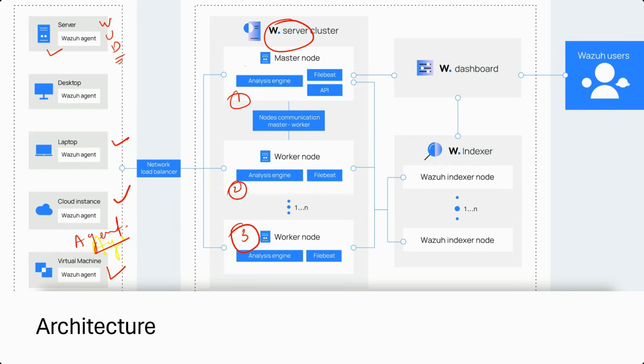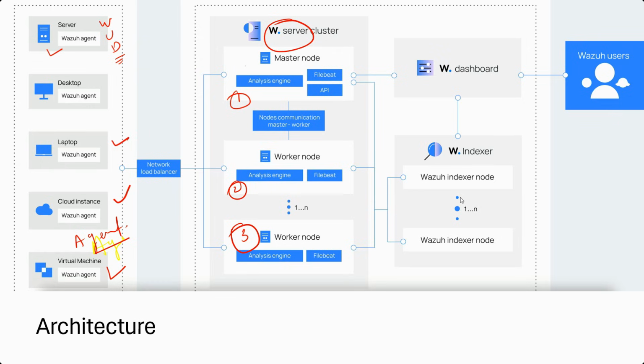Next, if you see properly, the Wazuh server gets all the data and then sends it to the indexer. You can see the indexers are also deployed in a cluster. This is a collection of one or more nodes that communicate with each other and perform read and write operations on different indices.